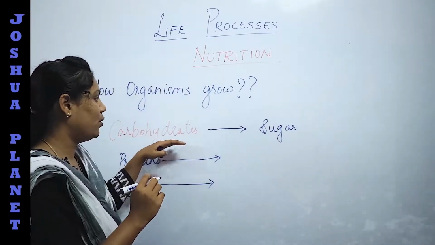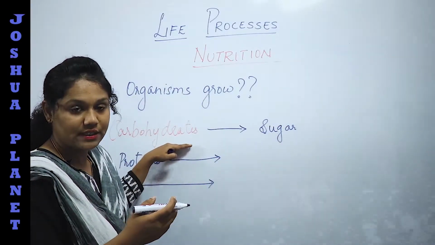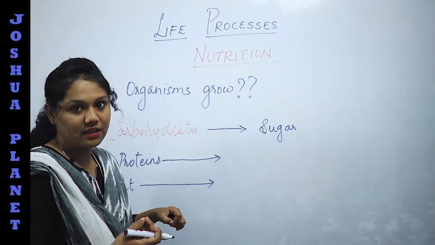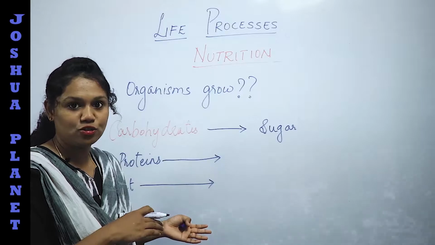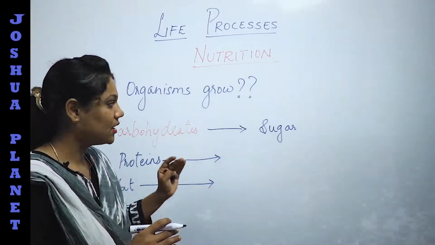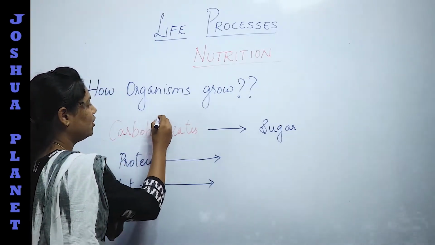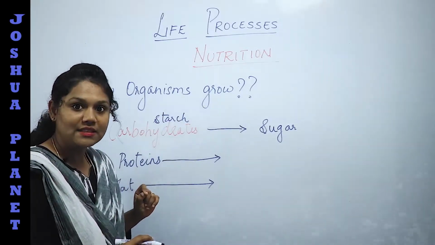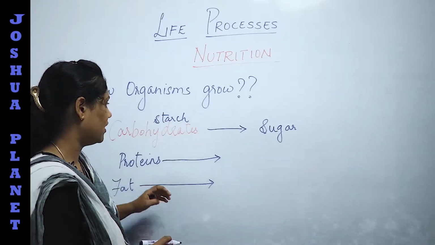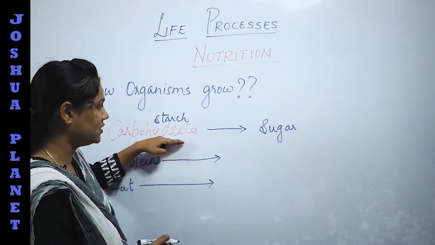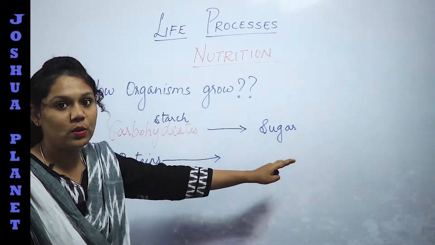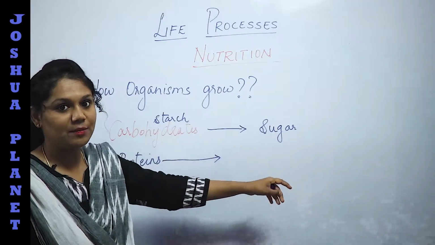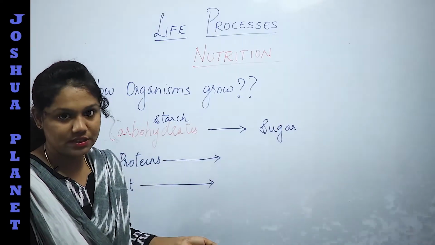If the carbohydrate is from a plant source, for example, you take a wheat chapati, wheat is obtained from a plant source, right? In plants, carbohydrates will be in the form of starch. In animals, it will be in the form of glycogen. So if we are taking a plant source, starch is broken down into simple sugars. Starch is complex, it is broken down into something simple that is called sugars.